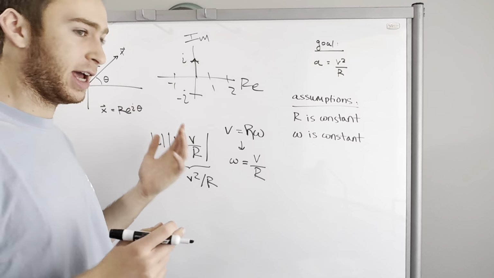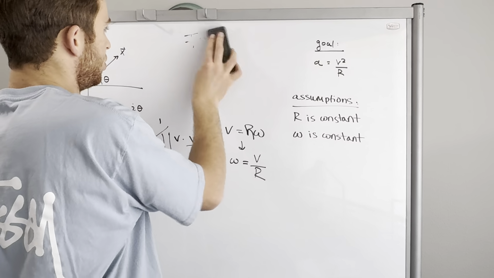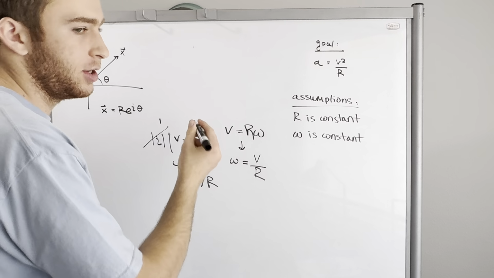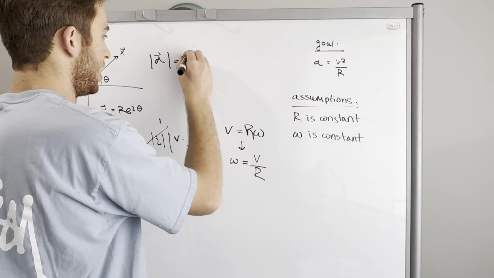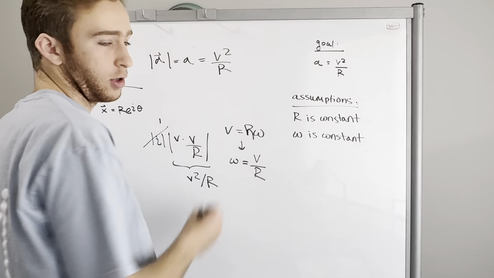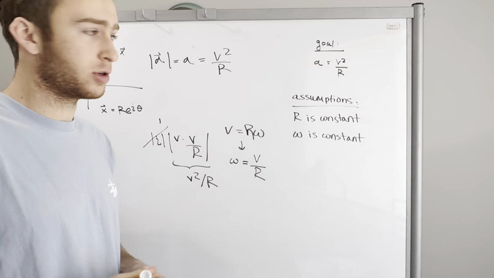And so you are left with v squared over r. And so then you can write that the magnitude of the acceleration, or just a, equals v squared over r. And that's how you get this formula that you would see in an introductory mechanics class.